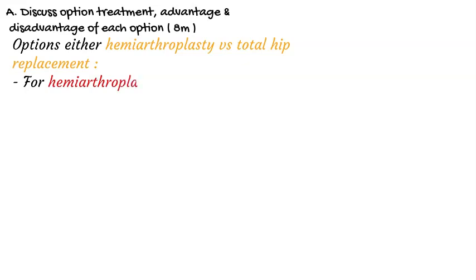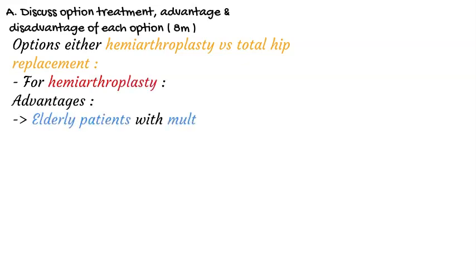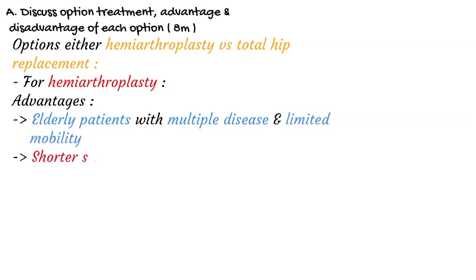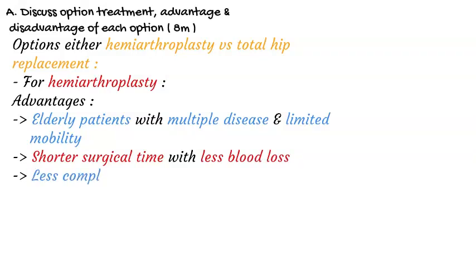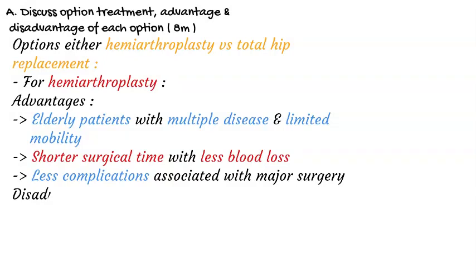Options are the hemiarthroplasty versus a total hip replacement, THR. For hemiarthroplasty, the advantage is it can be used in an elderly patient with multiple comorbid disease and limited mobility. Shorter surgical time with less blood loss.